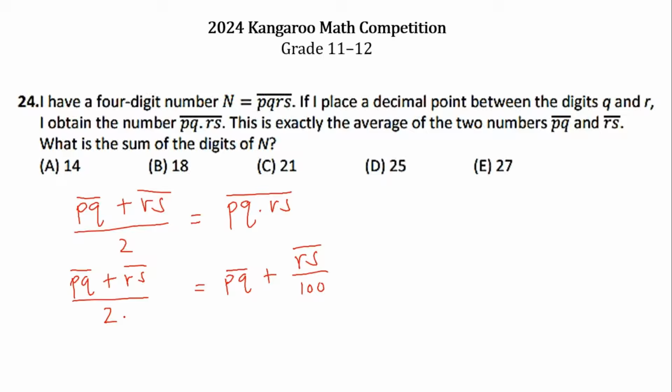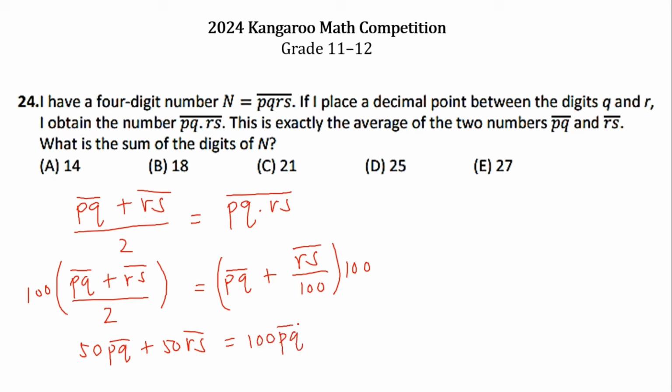Now the next step will be simplifying the equation. We can multiply both sides by 100 to eliminate the denominator. So we have 50 PQ plus 50 RS equals 100 PQ plus RS.